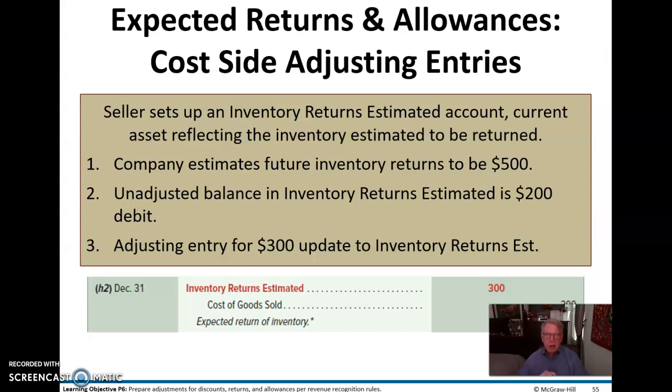So our adjusting entry, therefore, is going to be a $300 update to the inventory returns estimated. That's just what we've done here with the debit to inventory returns estimated and a credit to cost of goods sold. That assumes naturally that that inventory is returned to inventory.